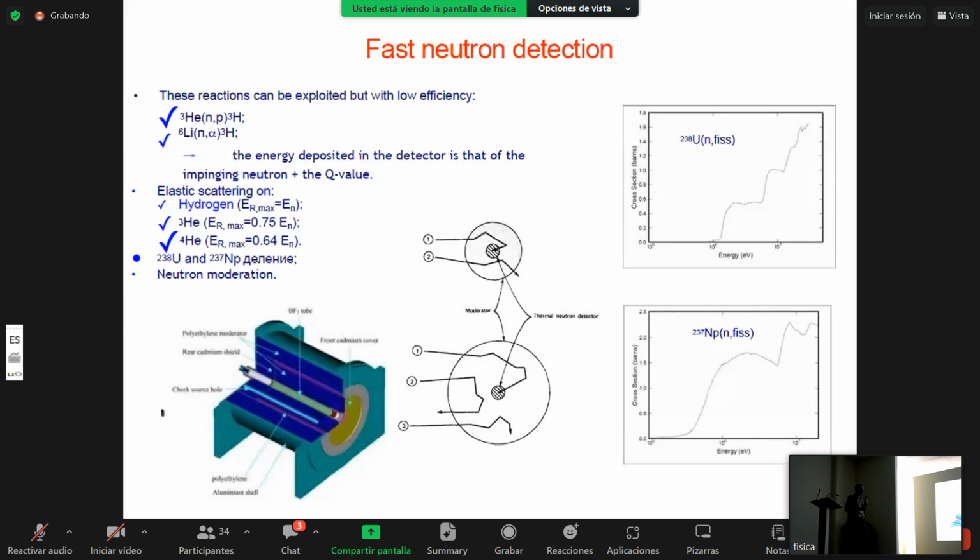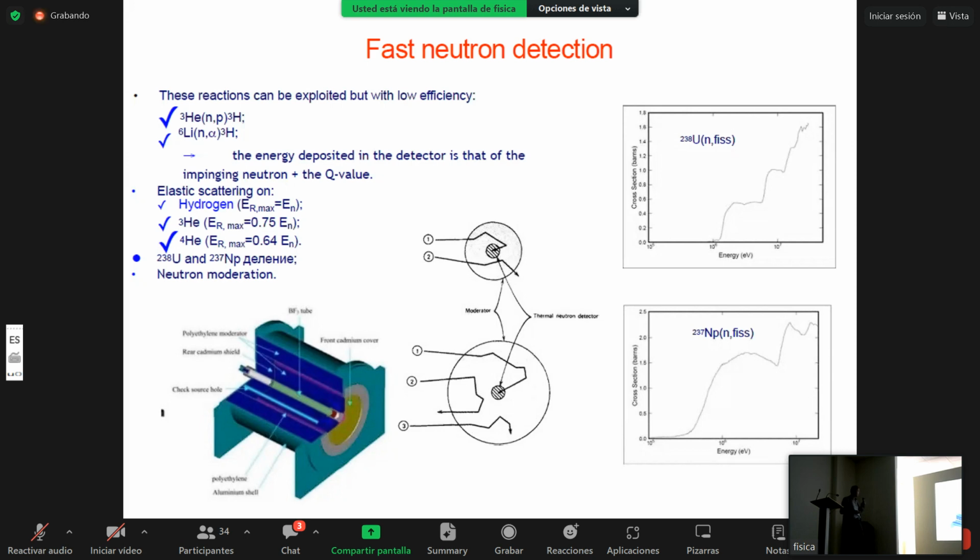But when you have a distribution of neutron energies and you want to measure them, you have to apply different techniques. Of course, you can use these conventional materials, but their cross section for fast neutrons is very low, and these reactions are used very rarely for measuring the energy of fast neutrons.